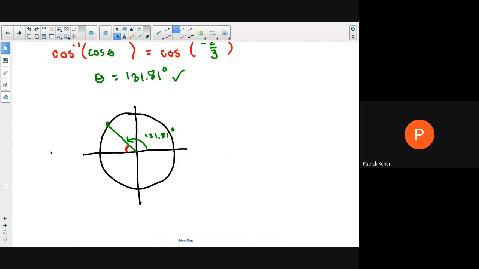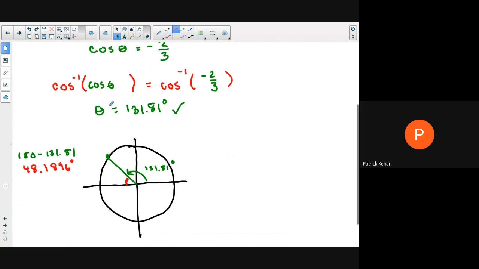That reference angle can be obtained by subtracting 131 degrees from 180. I'm going to use my calculator and subtract 131.81 from 180, and this is giving me a reference angle of 48.1896. This is not an answer, so I don't want to round it yet. 48.1896 degrees right now.